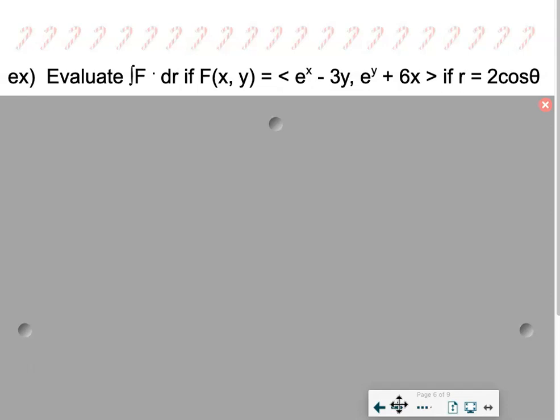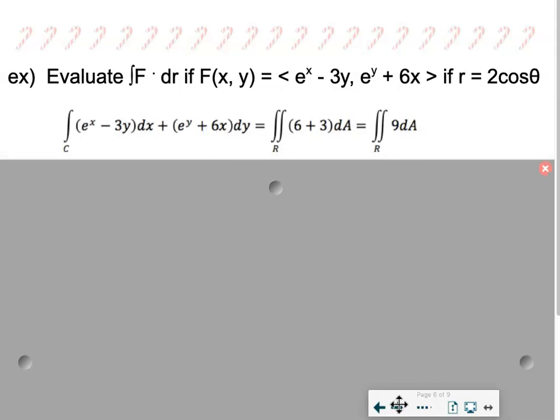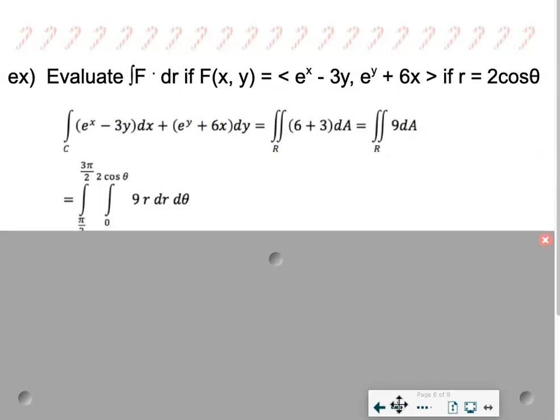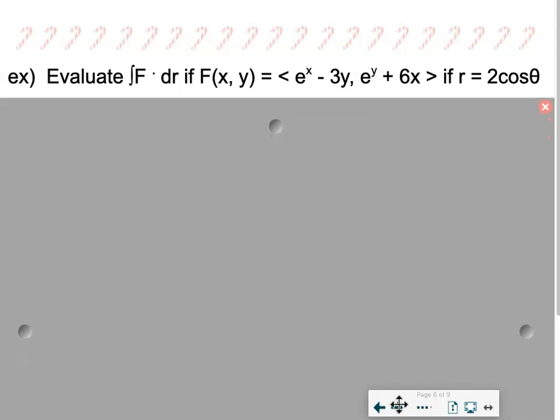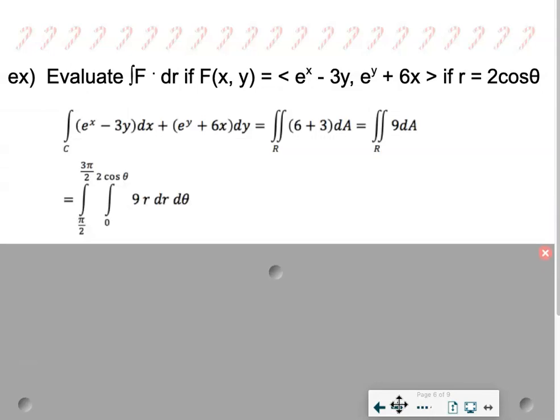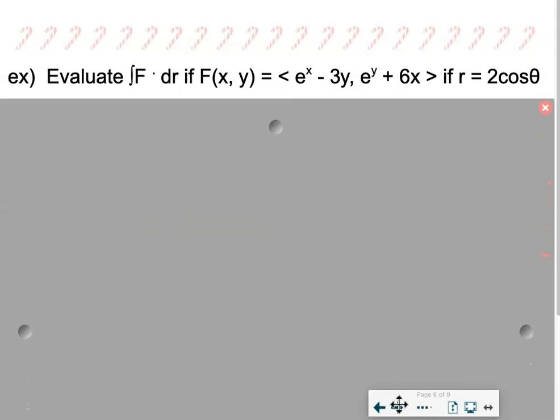Maybe you just need to scroll down. Do you think there's more? No. There's the Green's theorem. It looks like I just intended for you guys to do it from pi halves to 3 pi halves, but I'm not sure.